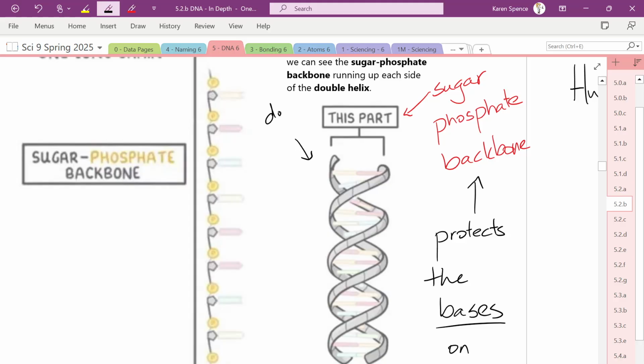That is our double helix. If we wanted to highlight the sugar-phosphate backbone on the double helix, we would go along here. So see if you can just trace your pen or your pencil along the sugar-phosphate backbone. If you've got a highlighter, that's great. If not, you can just trace along it with your pencil.